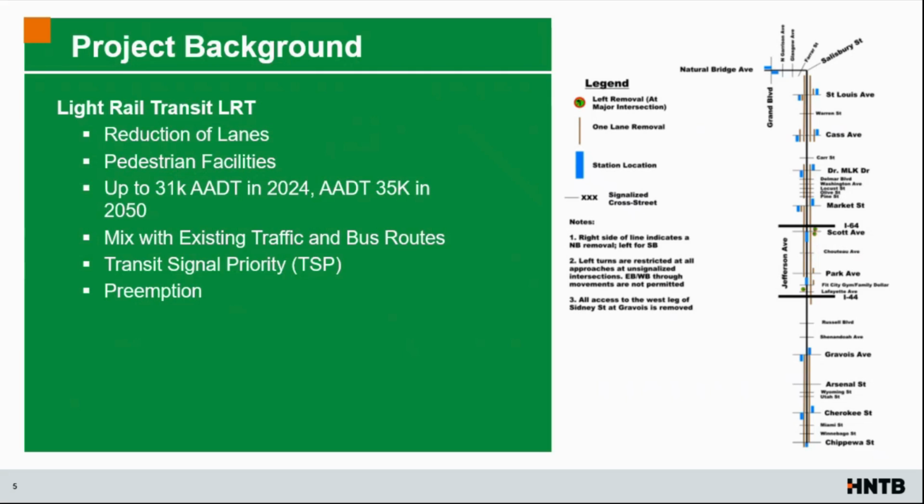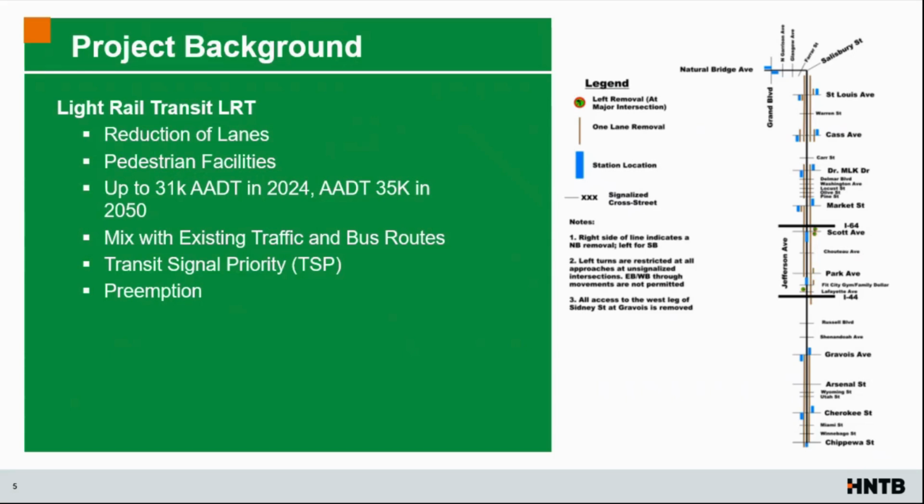The corridor has up to 31,000 daily traffic on it in 2024, and modest growth puts that at about 35,000 by 2050, and that's the most crowded part of the corridor. There are other parts that are way lower than that. We were modeling a mix of existing traffic and bus routes, as I mentioned, and then almost all of our signals we're proposing TSP.